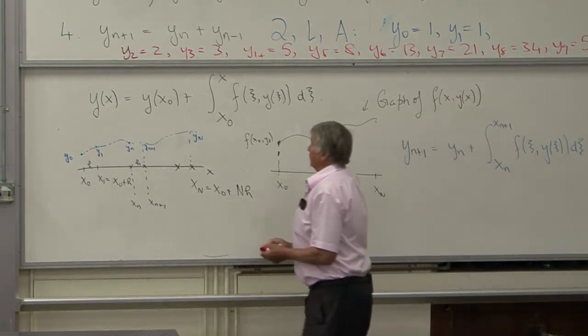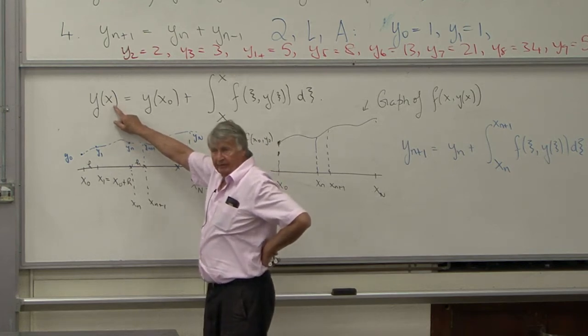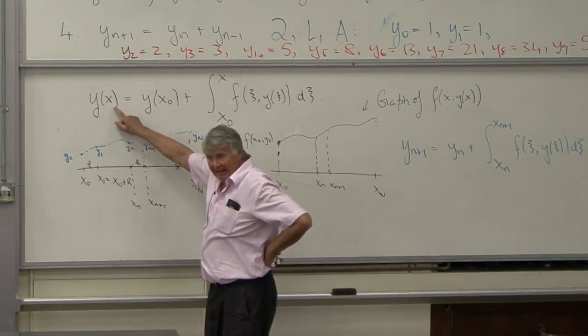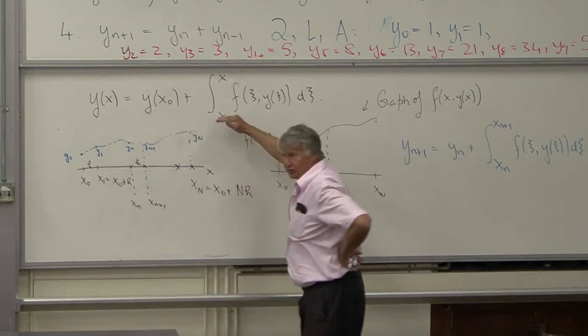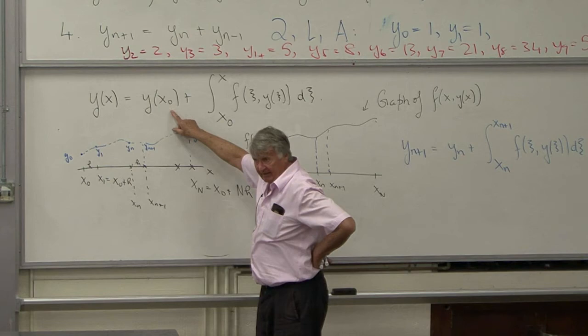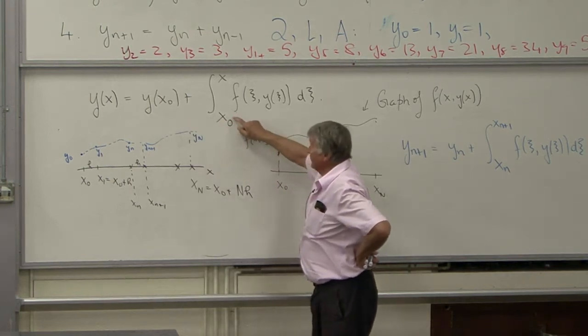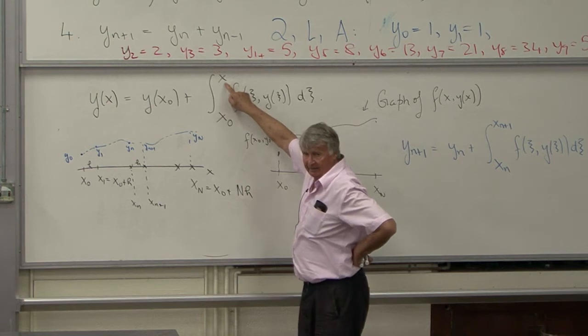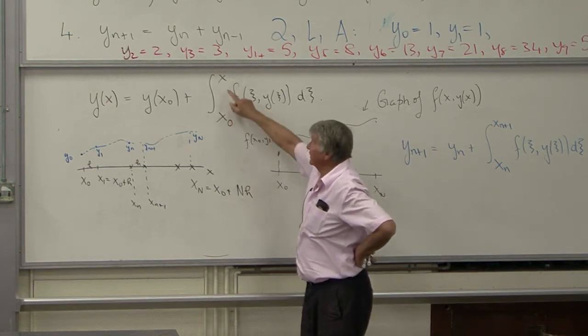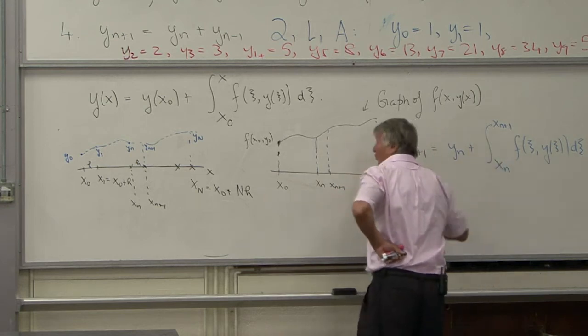In other words, I just put this at xn plus 1. I put it at xn. I subtract those two expressions. They each have y of x0 in them. That'll cancel. One expression will be x0 to xn. The next expression will be x0 to xn plus 1. When I subtract, I'll get from xn to xn plus 1.